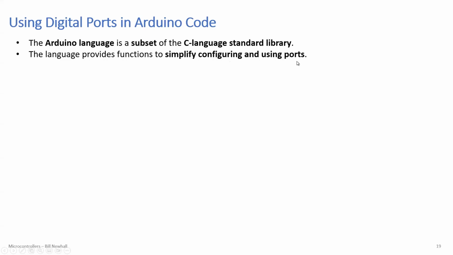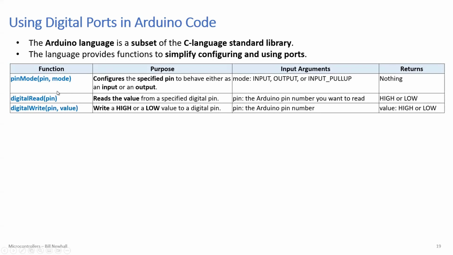All right, so for what we just talked about in the clicker question, where you have to go in and figure out the hex value and write the value to the correct register, and then make sure you have the other settings configured for the port, you can just use these functions, and these are the functions that you use for controlling digital ports in the Arduino code.